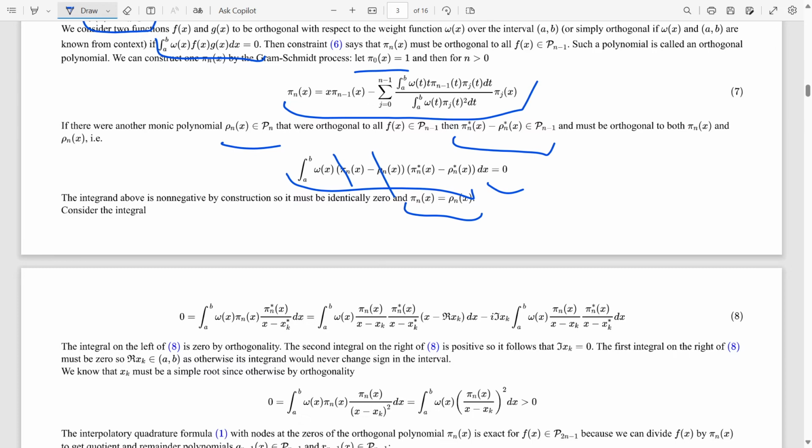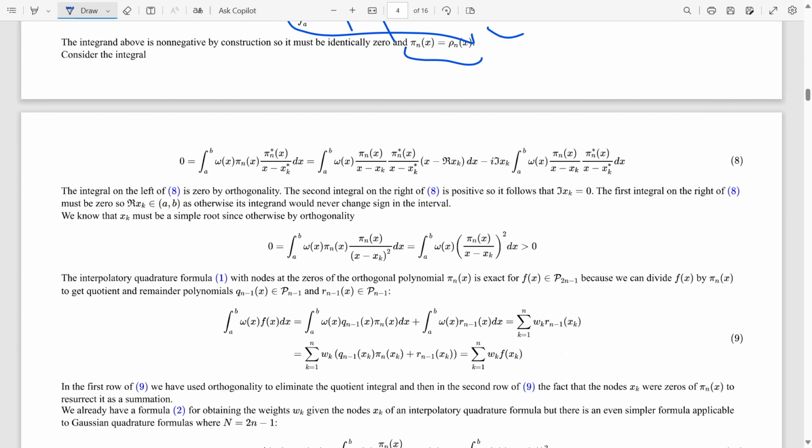The next integral here is 0 by orthogonality. If we multiply numerator and denominator by x minus xk and separate real and imaginary parts, this integral is positive, so that means that the imaginary part of the root xk is 0.